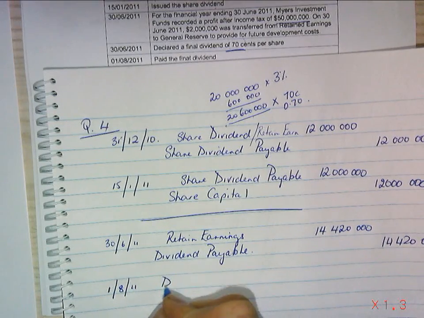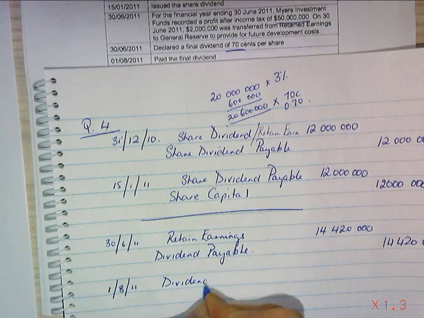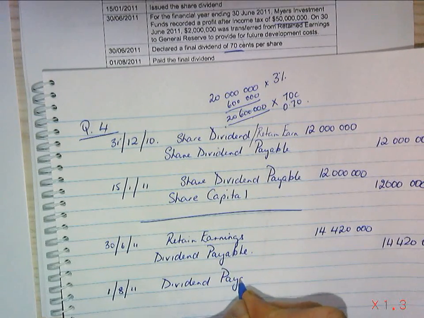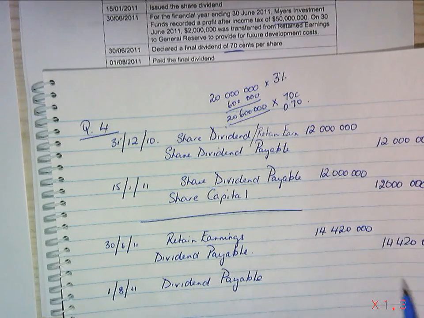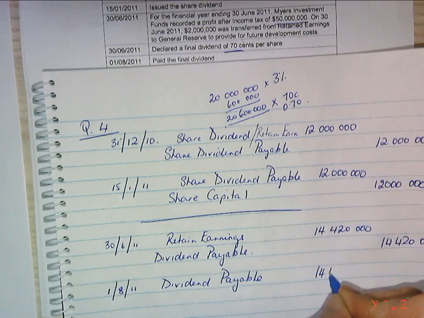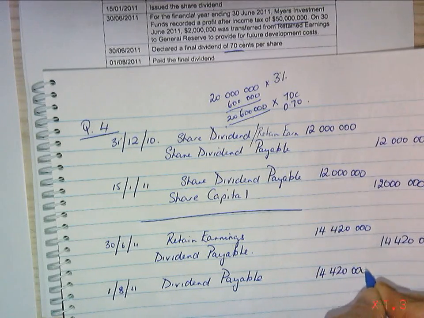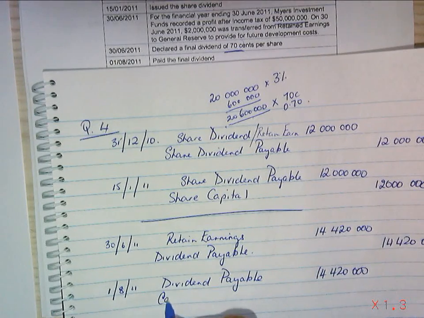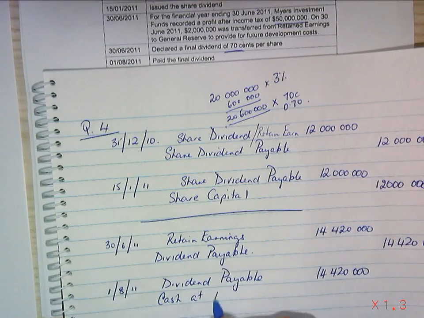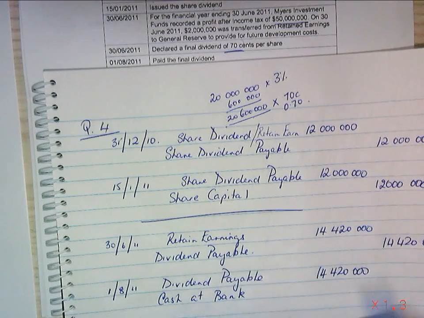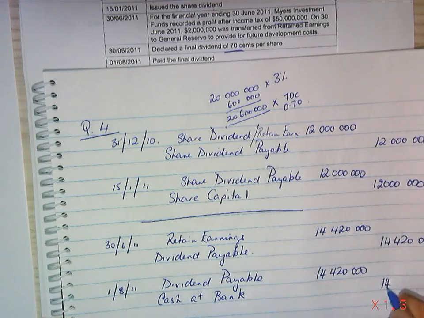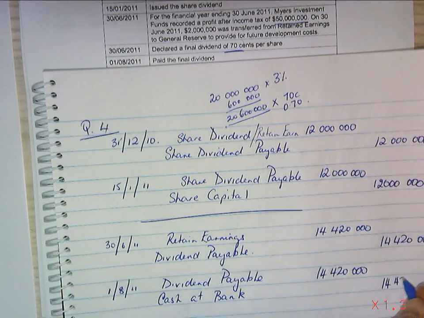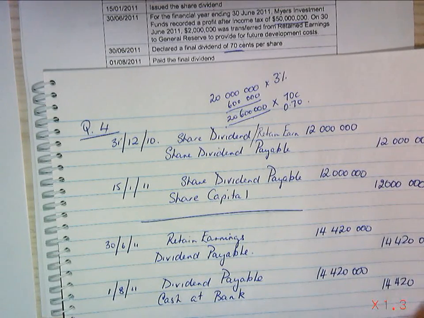So that's dividend payable, and that's 14,420,000, and cash at bank. Does it say paying cash? Yeah, we paid a cash dividend, 70 cents per share.